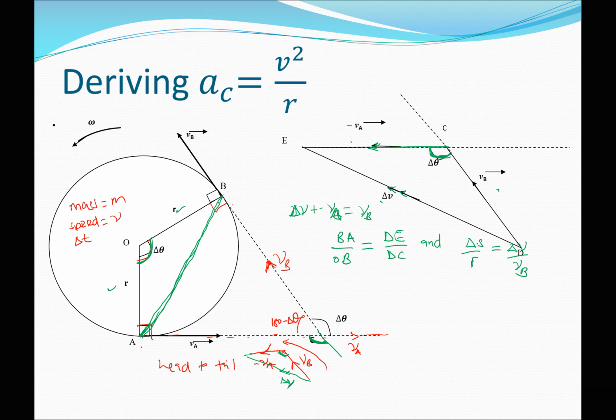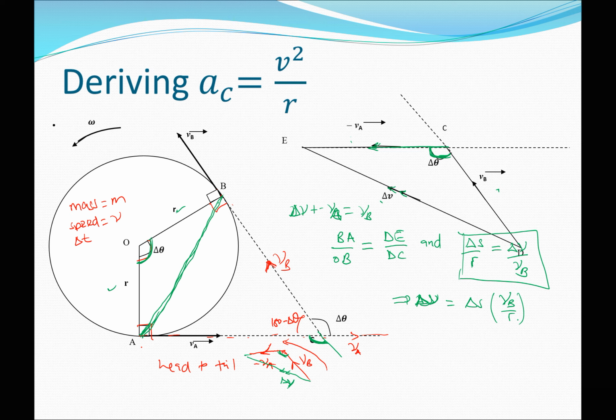If I make delta V the subject, because I'm interested in the change in velocity, delta V is going to be equal to delta S, the arc length, times VB divided by R. So delta S over R equals delta V over VB. It means delta V, the change in velocity, is delta S times VB over R.